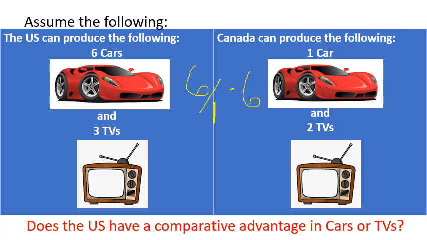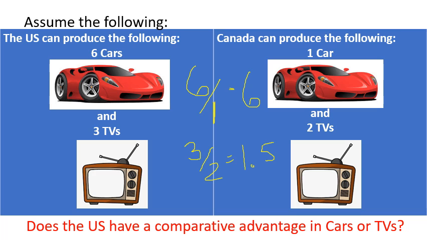Then we need to compare that ratio to the same ratio for TVs. So we take the 3 TVs that the United States can produce and compare that to the 2 TVs that Canada can produce. 3 over 2 is 1.5. Now the higher number is the product that a country has a comparative advantage in.